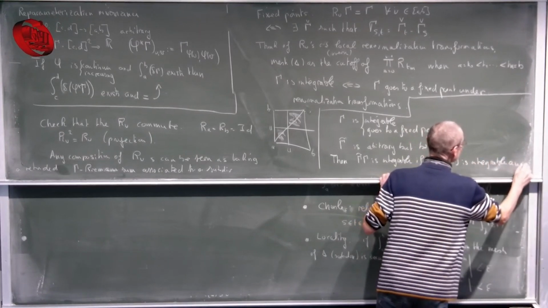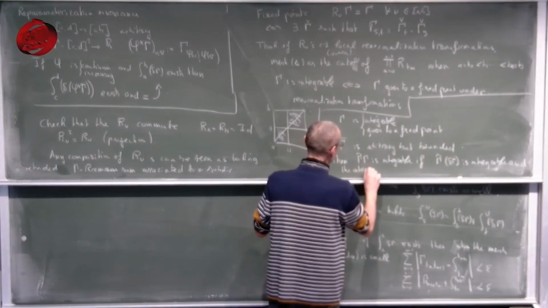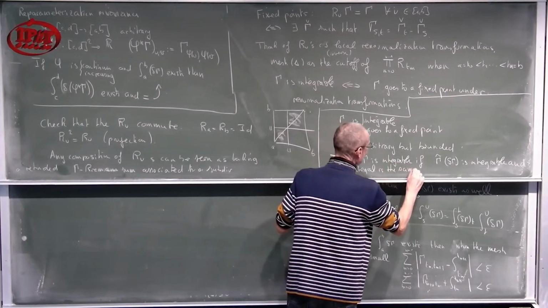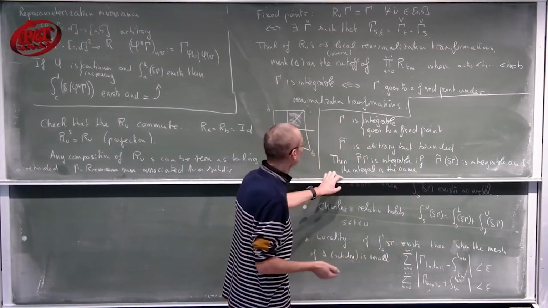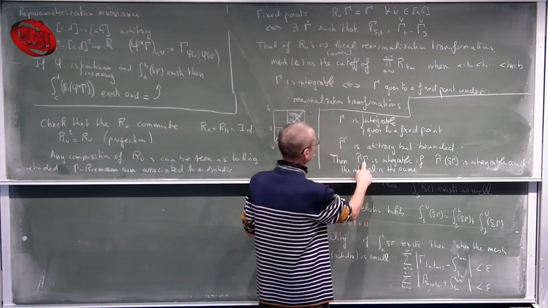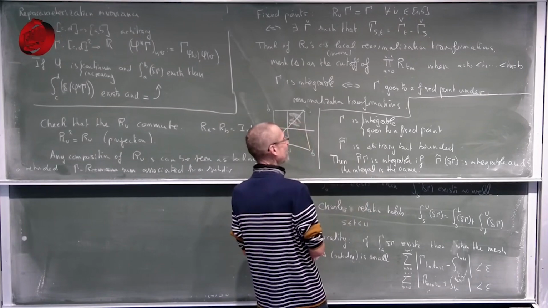And the integral is the same. So if you want, it's enough to know the ultraviolet behavior of gamma to decide whether or not this guy is going to be integrable.